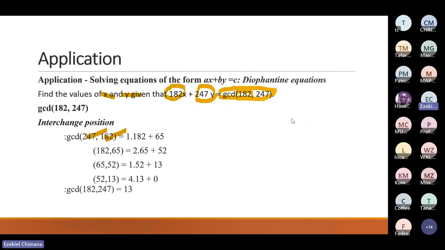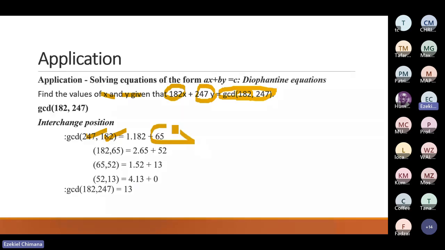Then you do 182 into 247, so it gets into 247 just once, and it leaves a remainder of 65.